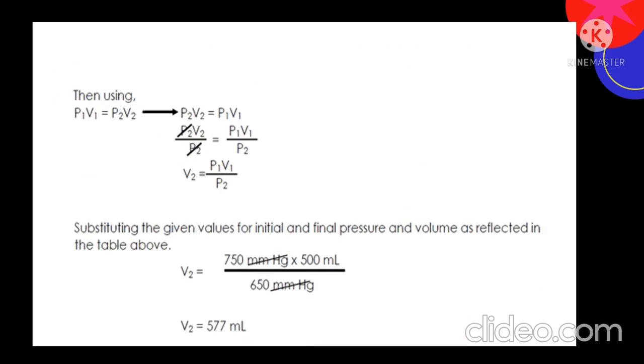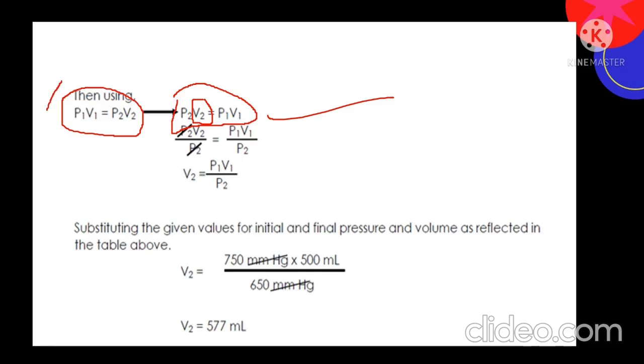Then using the formula for Boyle's law, which is P1 V1 equals P2 V2, or you can also write it this way, P2 V2 equals P1 V1. Since we are looking for the value of V2 or final volume, we have to use this one, which is also similar to the first equation here.